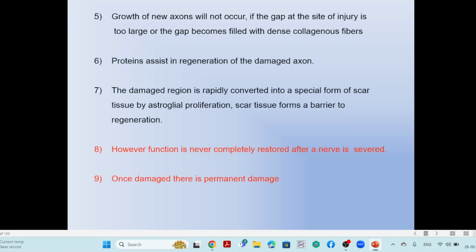And one more point to remember: the short processes, as you know, are dendrites. These dendrites transmit the sensory impulses towards the cell body. The axon transmits the impulses from the cell body to the peripheral portion.